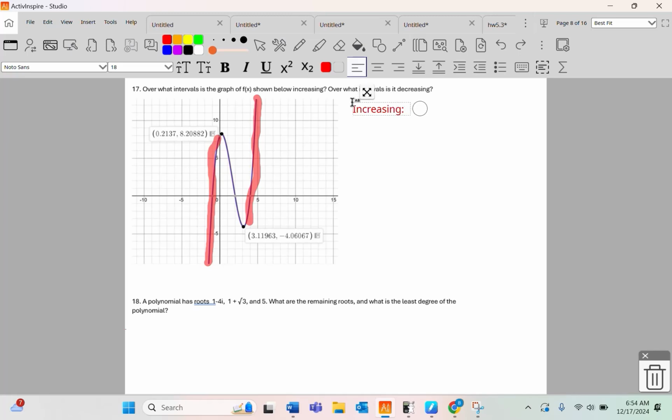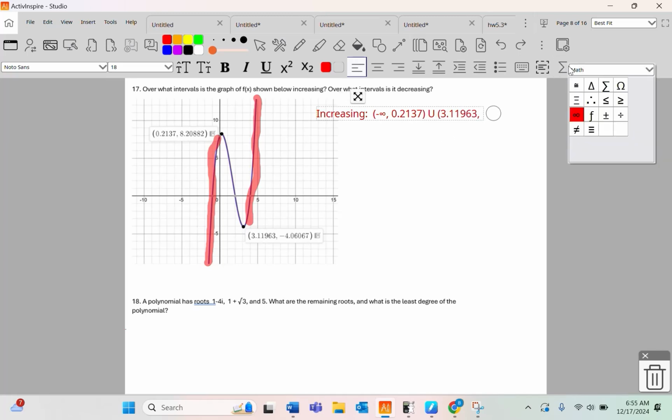So we increase from negative infinity, at least as far as x values are concerned, all the way to an x value of 0.2137, union with the other increasing interval, which starts at 3.11963 and moves all the way to infinity.